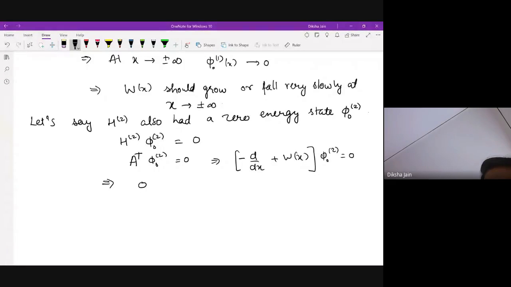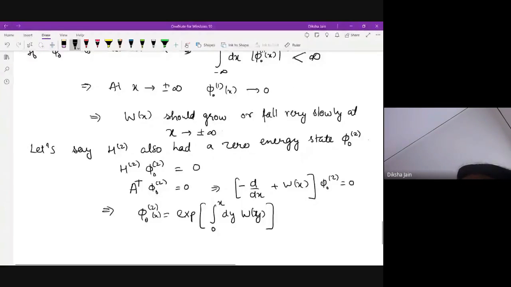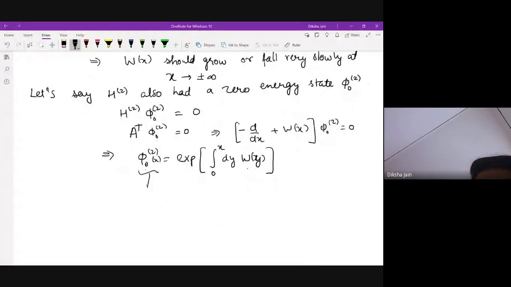This will give me phi 02 as an exponential, but now you will get a plus sign here, because phi 02 of x is the exponential of the integral from 0 to x of w of y dy. So now if phi 01 was normalizable, then w was growing with x. But if w is growing with x, because there is no minus sign here, phi 02 is also growing. So phi 02 will not be normalizable.